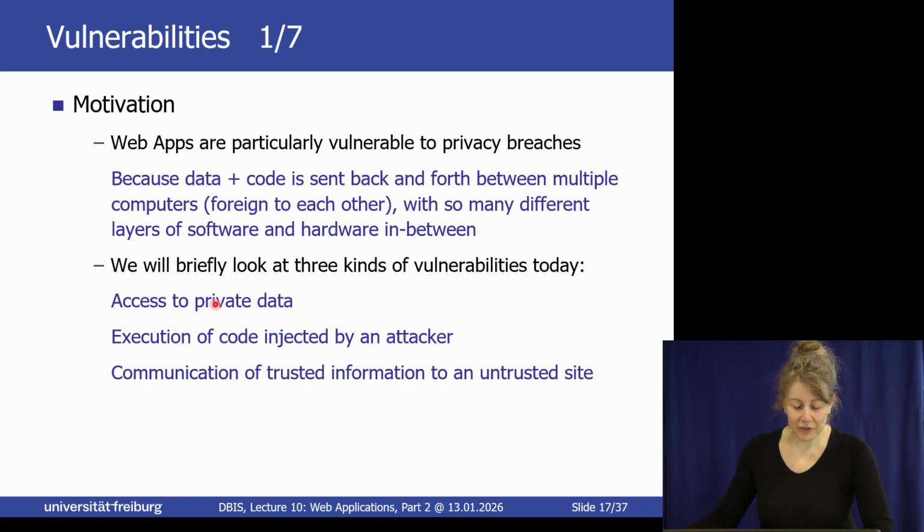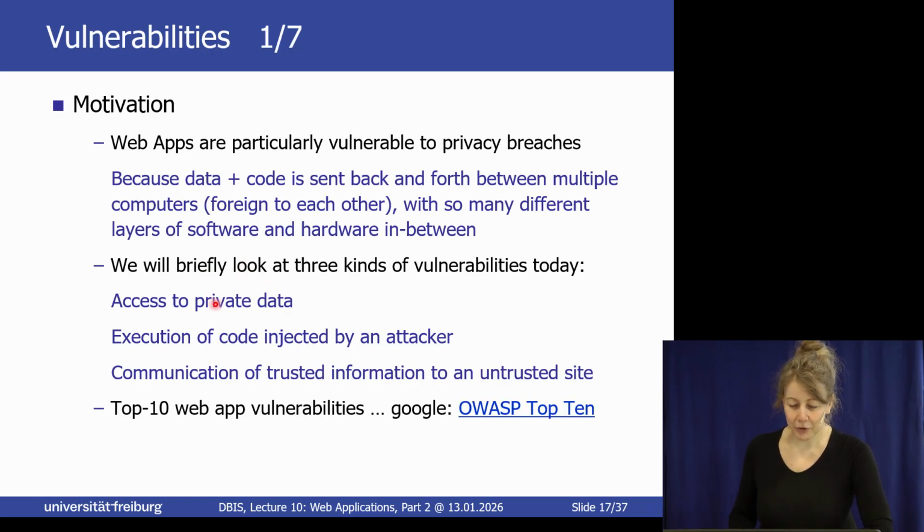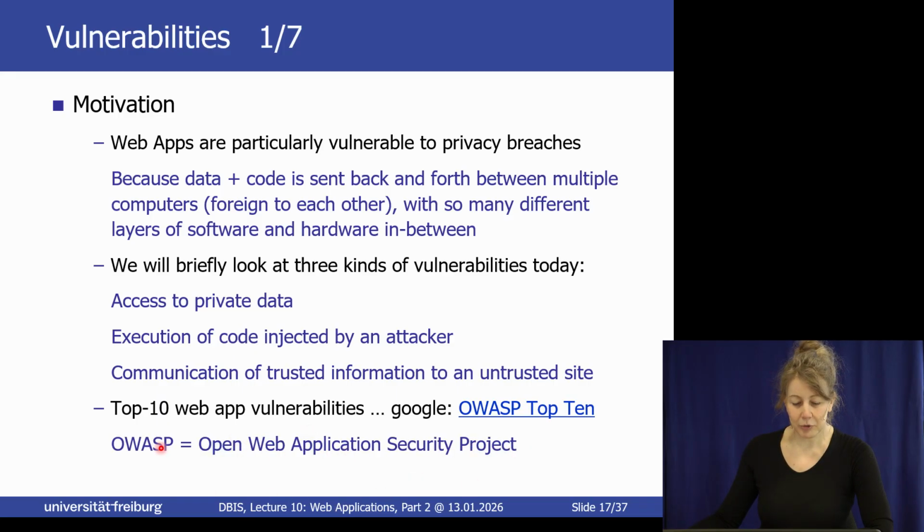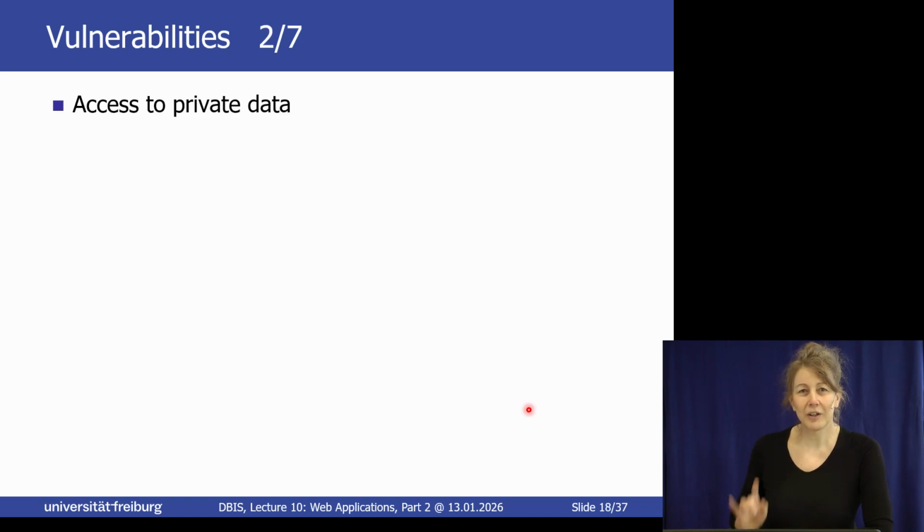This we have just seen, accessing a file you're not supposed to access. This is a big topic. A buzzword here is Open Web Application Security Project, OWASP, if you are interested, a categorization of the top 10 vulnerabilities. There's a lot of stuff that can go wrong. You can make a whole course only about that.